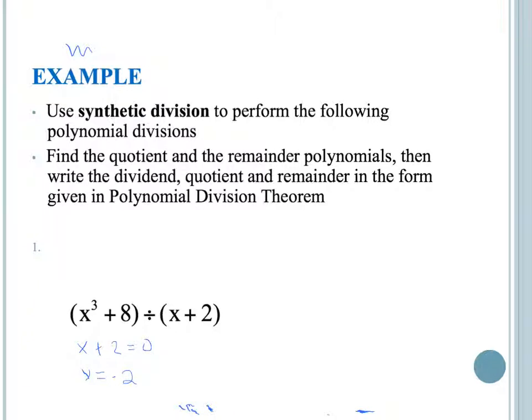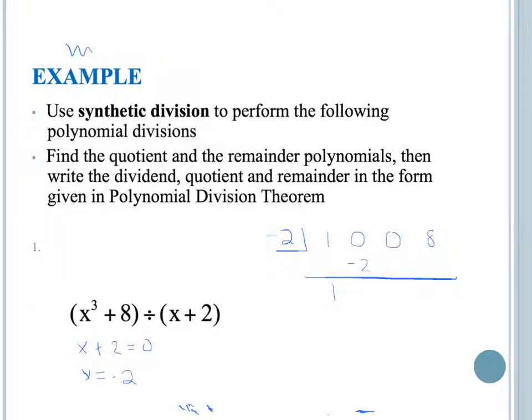So that -2 value is what I'm interested in out in front. That is going to divide into all the coefficients that are in our original polynomial. So there's a 1 where we had x to the third, we have no x squareds, no x's, and 8 constants.